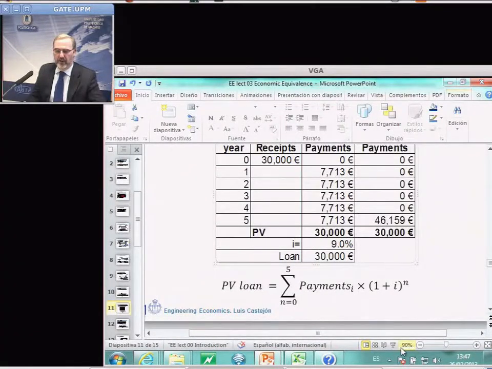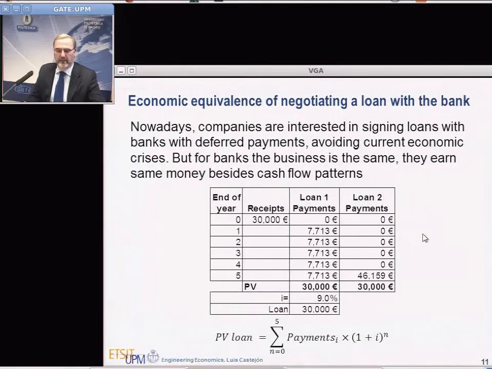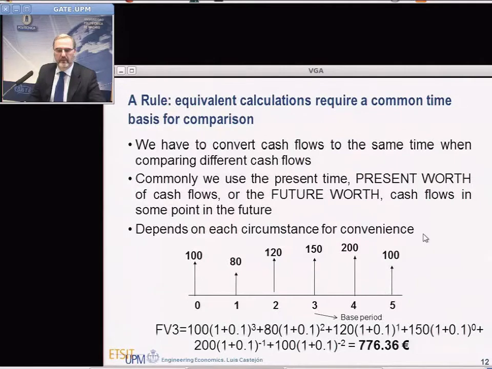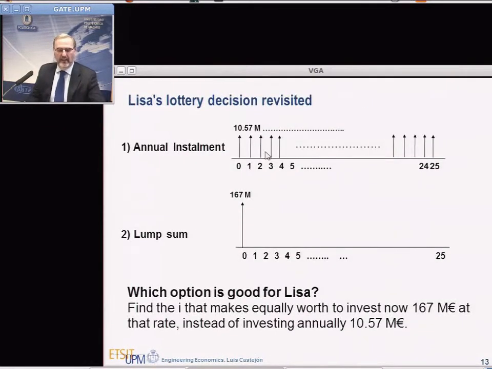Okay, so let's continue. So we are able at the end to find the future value. And then the question we have to review is for Lisa. Do you remember Lisa was offered to have a lump sum today? This is investment 2.